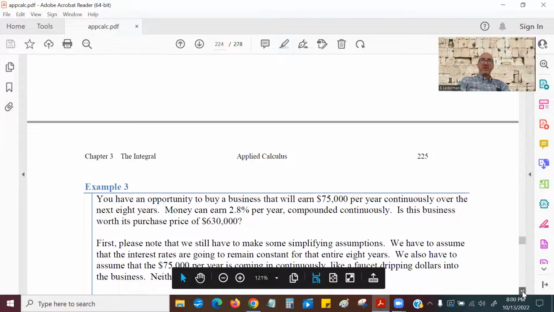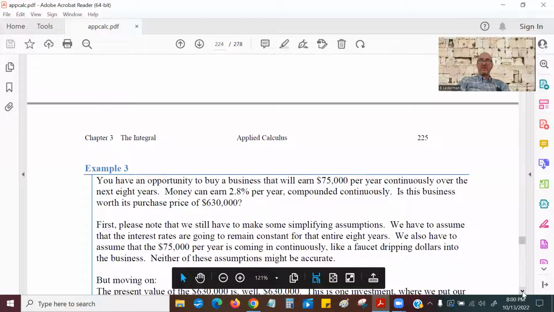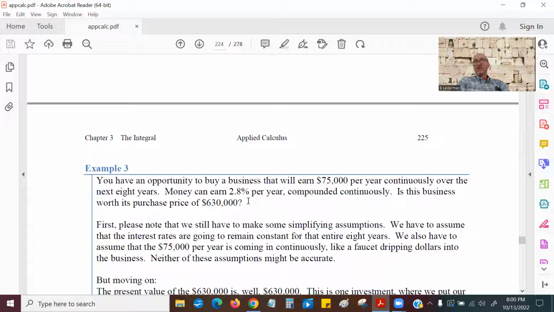First, you have to make some assumptions just to simplify things. We're going to assume that this 75,000 is going to stay constant. We're also going to assume the interest rate is going to stay constant. Interest rates change all the time, but for simplicity's sake, we're going to assume it's 2.8 the whole time.